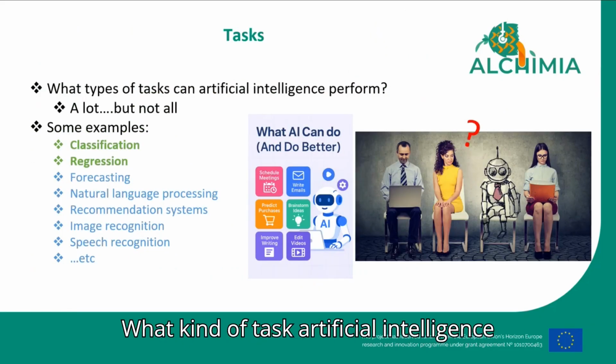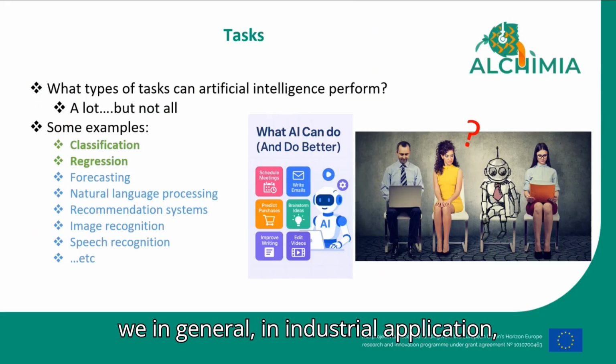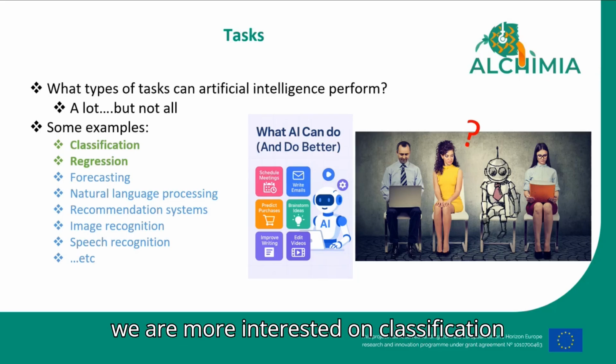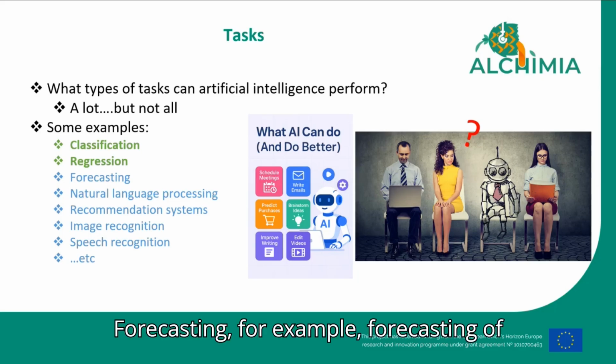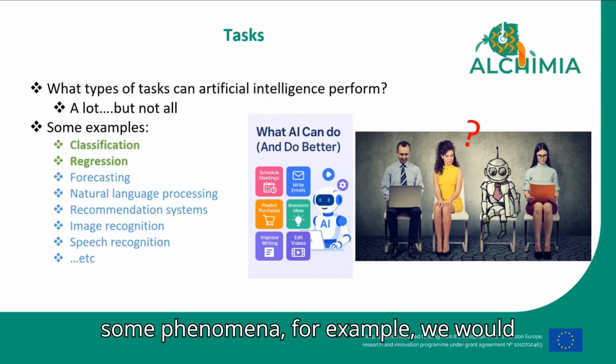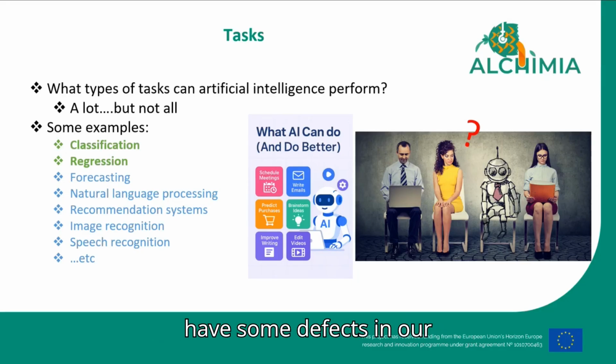What kind of tasks can artificial intelligence perform? Well, several. In general, in industrial applications, we are more interested in classification and regression, also called approximation tasks. Forecasting, for example, of some phenomena. For example, we would like to forecast in advance if we will have some defects in our production system.